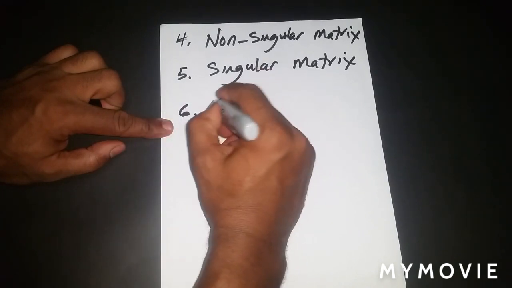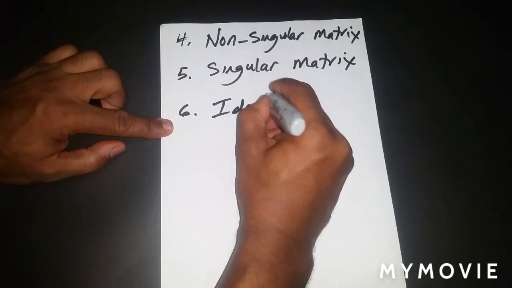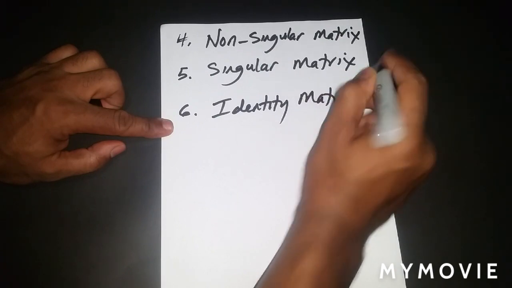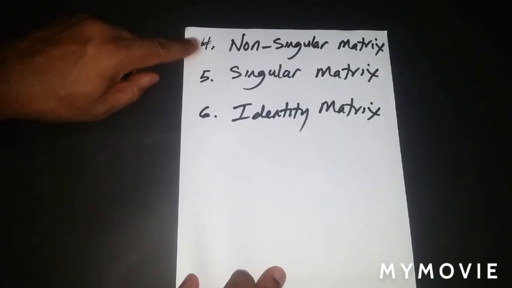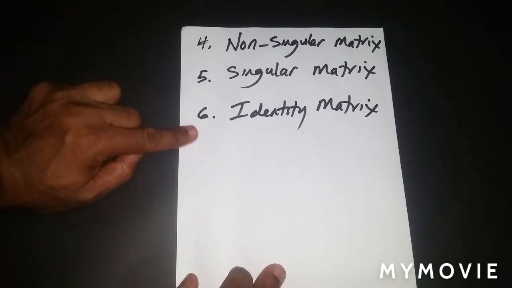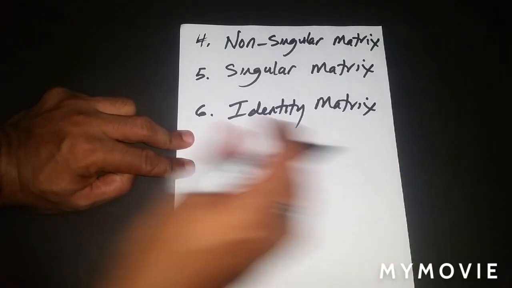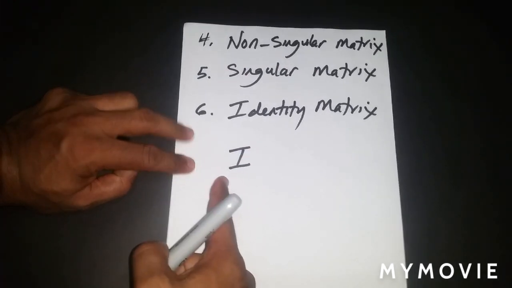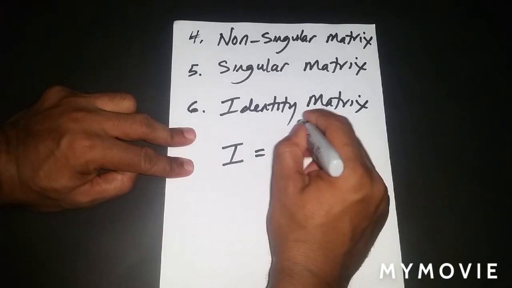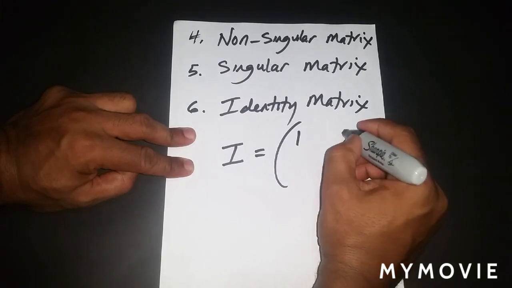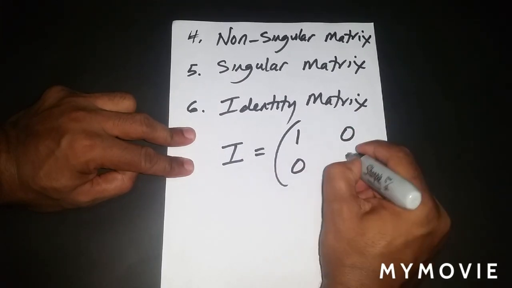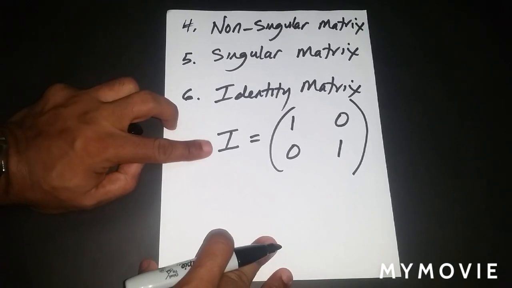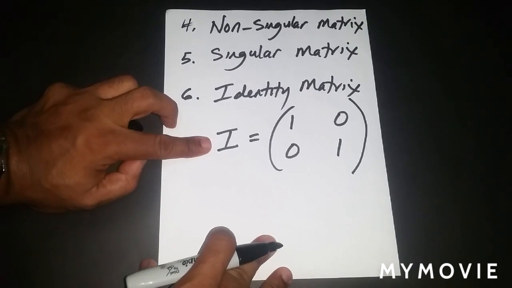And lastly, the identity matrix. Now these two we're going to get to a little later in the topic, but this one here, the identity matrix, the letter I is normally reserved for the identity matrix, and this is a special 2 by 2 matrix where the elements are 1, 0, 0, 1. So this is classified as the identity matrix, and we reserve the letter I for that.